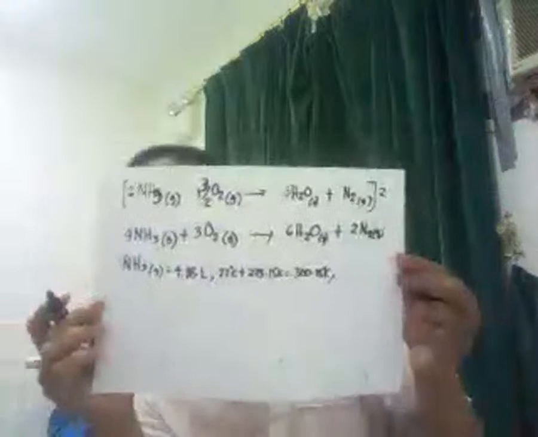This is for ammonia first. And then we have 1.45 atmosphere.